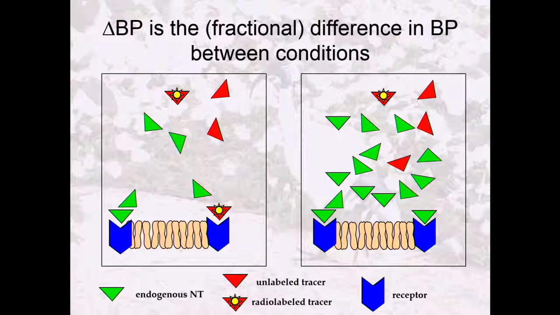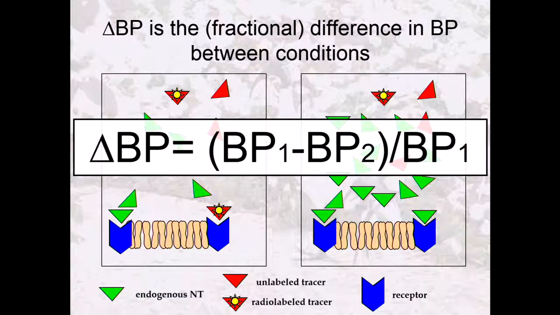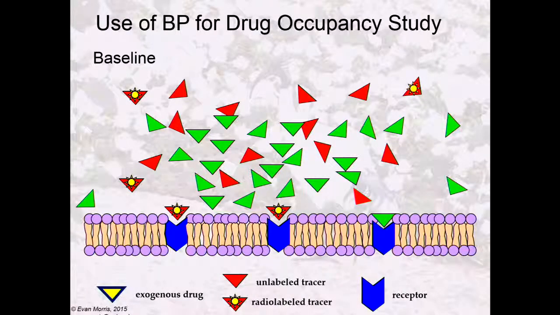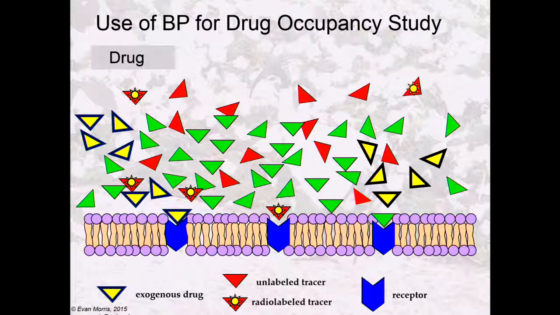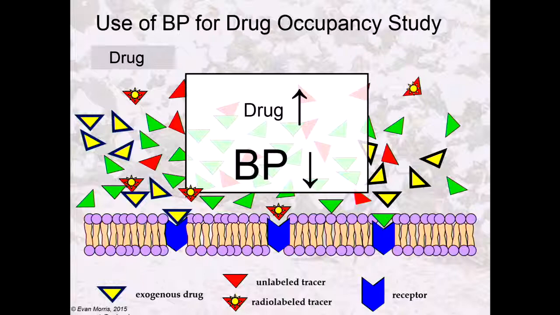And the endpoint we actually measure is this fractional change in binding potential from condition 1 to condition 2. And finally, as we heard about before, sometimes we use PET and receptor ligands for drug occupancy studies, and we compare a baseline condition to a drug condition, and drugs, of course, you know from chemistry class, are yellow triangles, and they also displace the tracer, and increase in drug concentration also translates into reduction in binding potential.